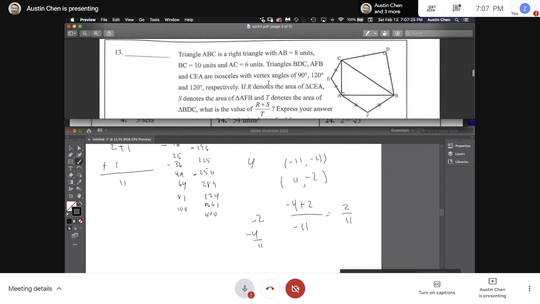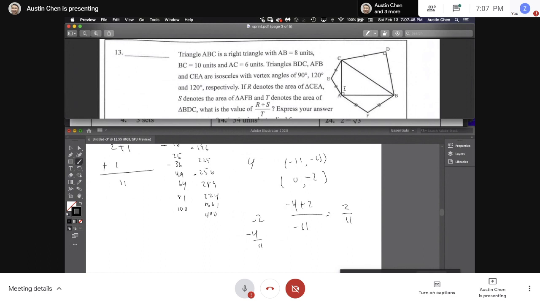Triangle ABC is a right triangle with AB equals 8 units, BC equals 10 units, and AC equals 6 units. So 6, 8, 10 triangle, that's a right triangle. But it also already gives you the right angle. So yeah. Okay.